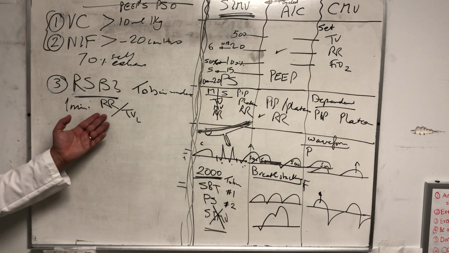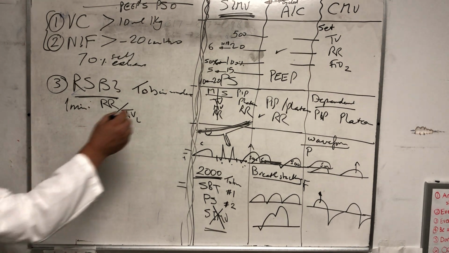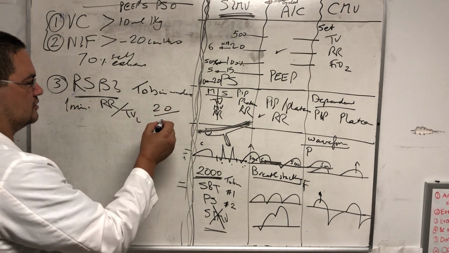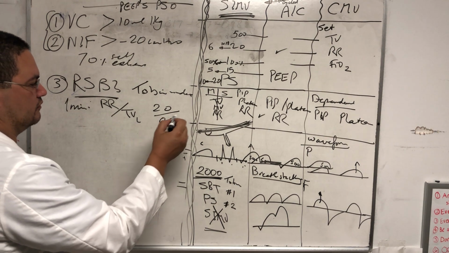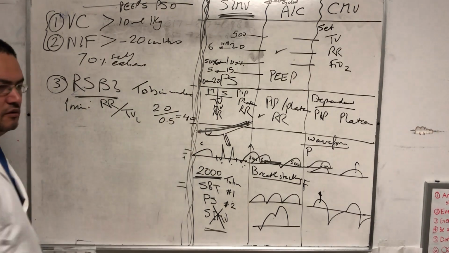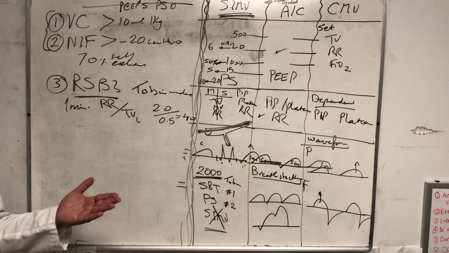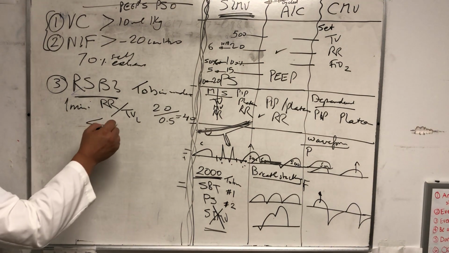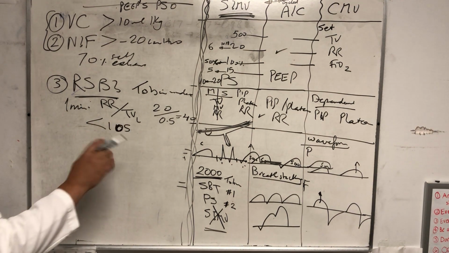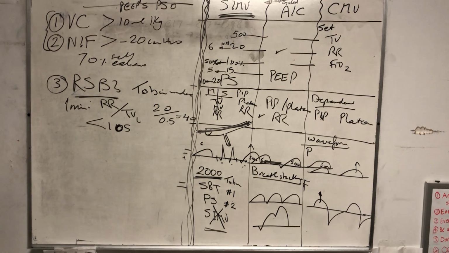In 1 minute, look at the respiratory rate and tidal volume. If the respiratory rate is 20 and tidal volume is, let's say, 500, that's 0.5, so the RSBI is 40. And if it's less than 105, for some reason the number is 105, then you can be extubated. That's called the Tobin Index, or the Rapid Shallow Breathing Index.